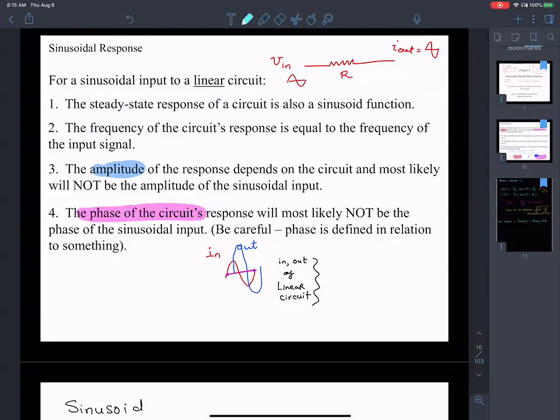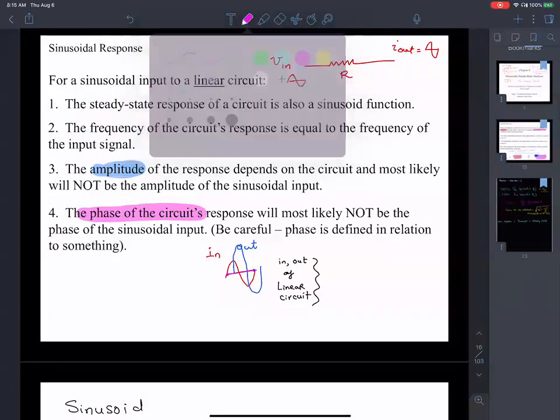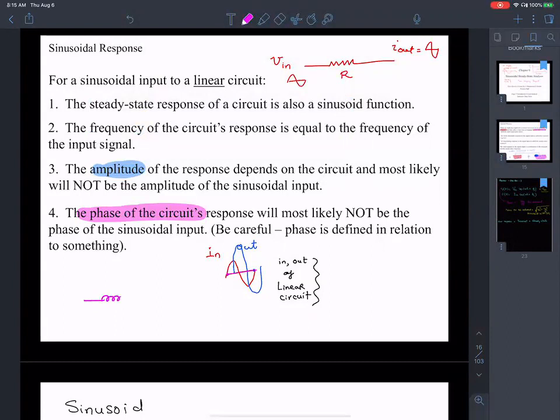So when I have any simple circuit and I apply a sinusoid input, the output is also going to be a sinusoid, with the same frequency, but different amplitude, different phase.